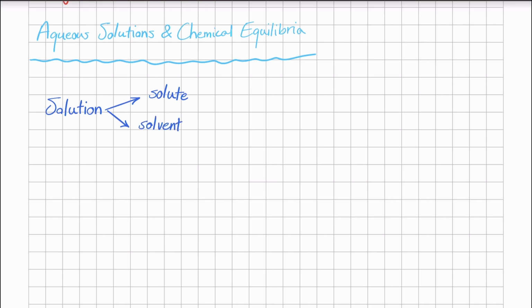I'm not going to provide any definition for these two parts because they're really basic and we never feel the need for their definitions. Using a really simple search, you can understand the difference. And I guess even without a search, you already know the concept of solute and solvent.